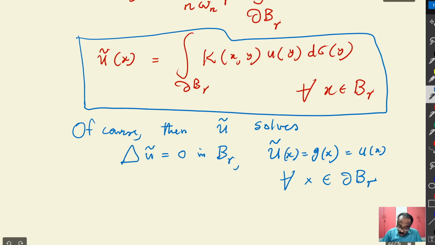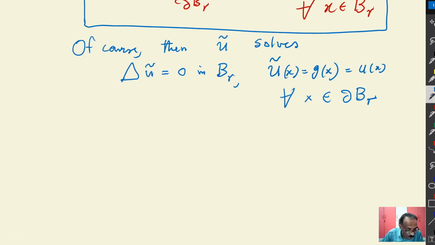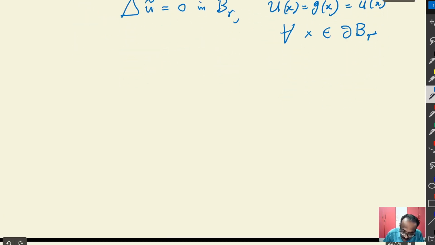So you have a harmonic function. Using the value of U on the boundary, you get your U tilde, and thus U tilde is harmonic in B_R.